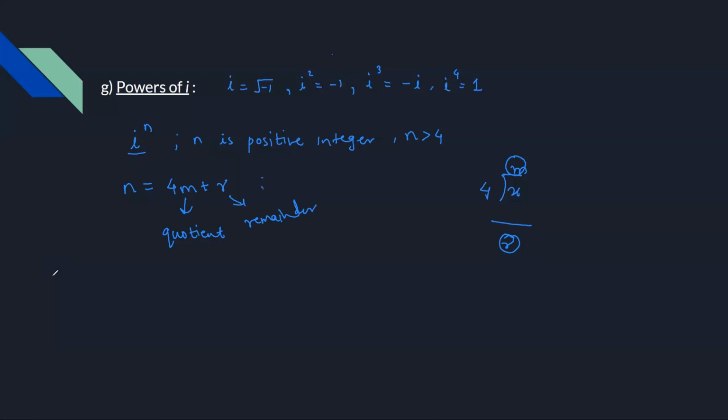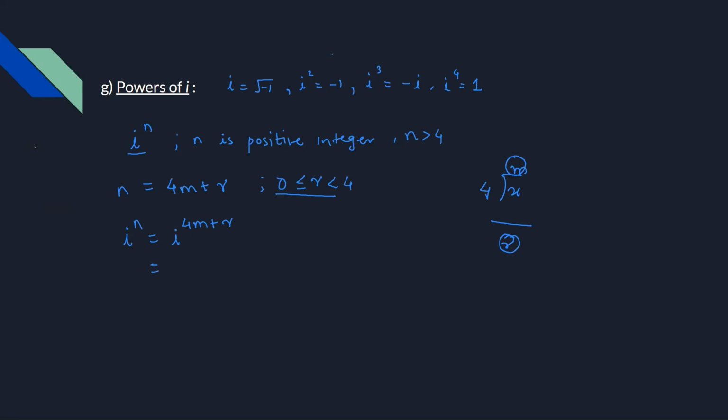And here my r will be greater than or equal to 0 and less than 4. This I am going to substitute in I raised to n, so n is replaced by 4m plus r.